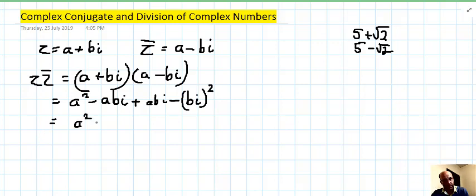Because the middle terms cancel, we can step it out a little bit just so you can see.